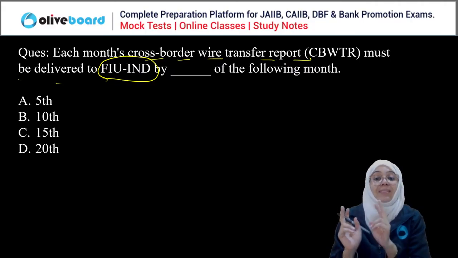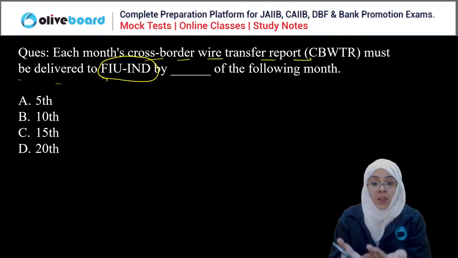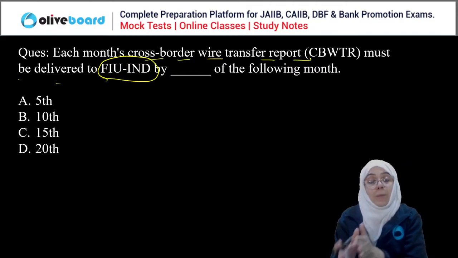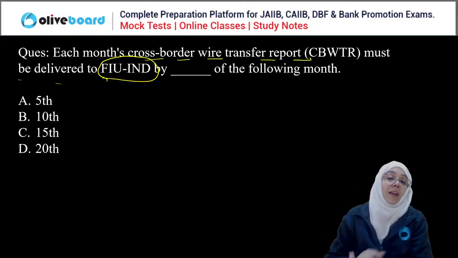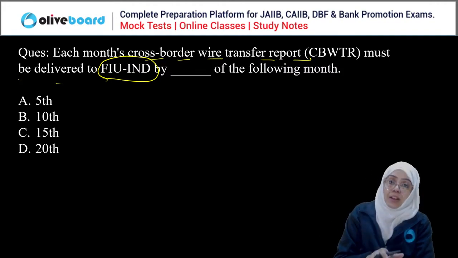Now, there are some special transactions, for example, the 50,000 limit. If the transactions are 50,000 and above, then you need to report it to the Financial Intelligence Unit India if it is a cross border wire transfer.